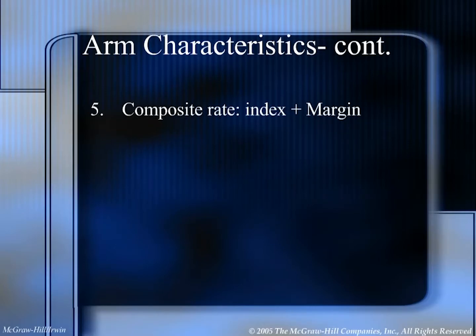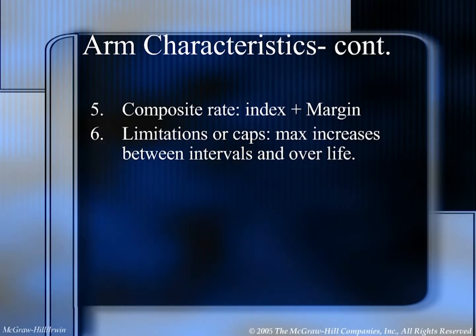Continuing with the characteristics, the composite rate is the index plus the margin, a combination of those two. Then there are limitations, often referred to as caps. This is the maximum amount, and there can be maximums between each interval and a maximum over the life.